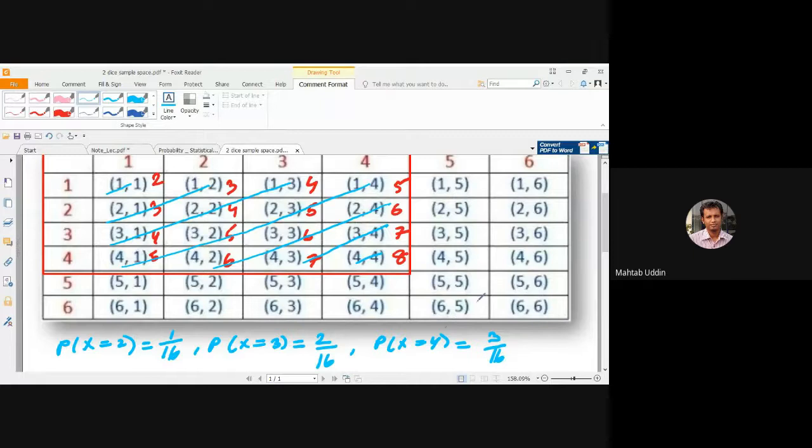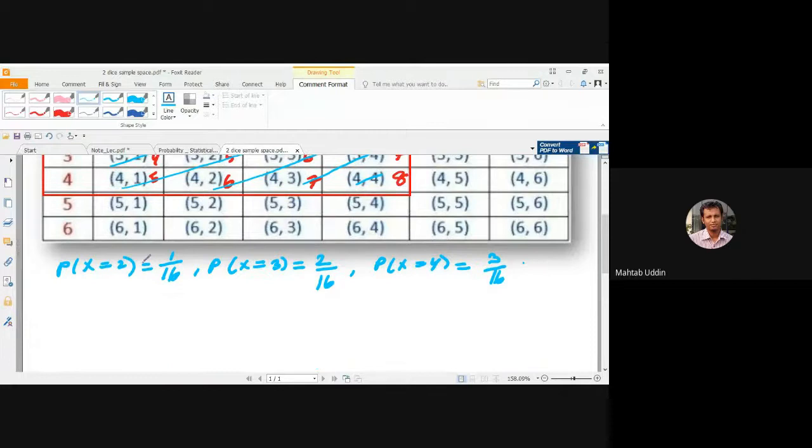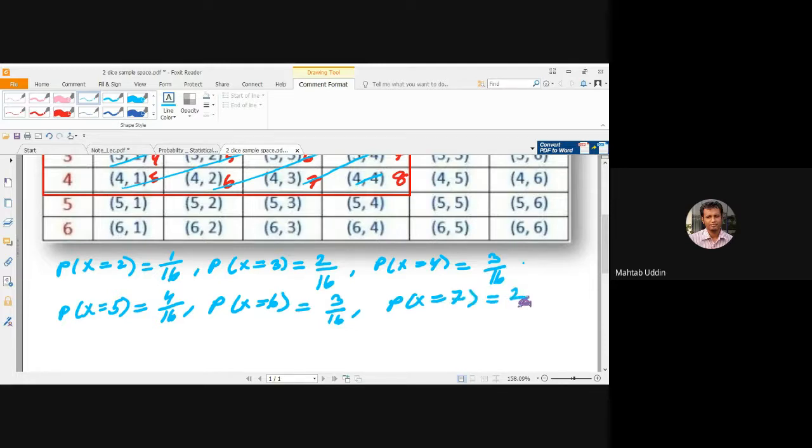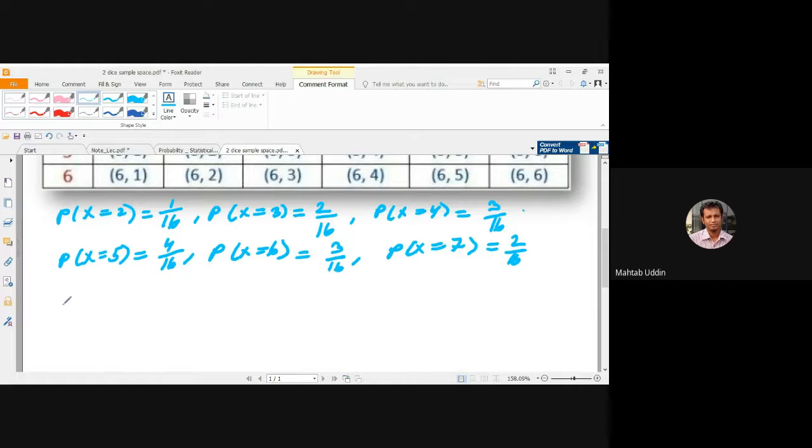Then x equal to 5. 4 by 16. Then it is going down. X equal to 6, 3 by 16. X equal to 7, 2 by 16. And x equal to 8, what? 1 by 16.